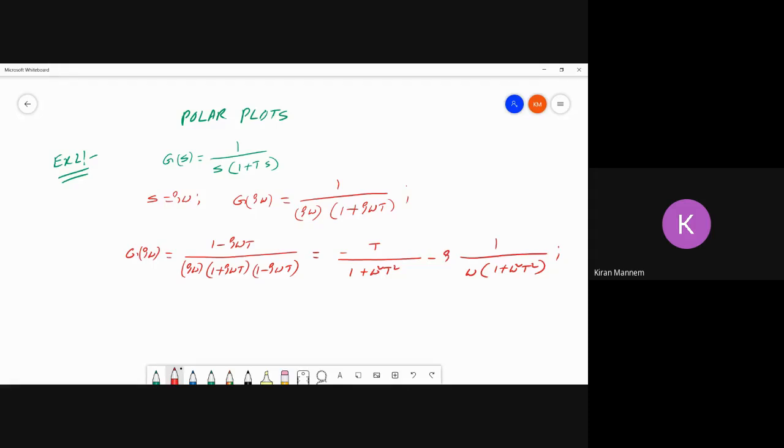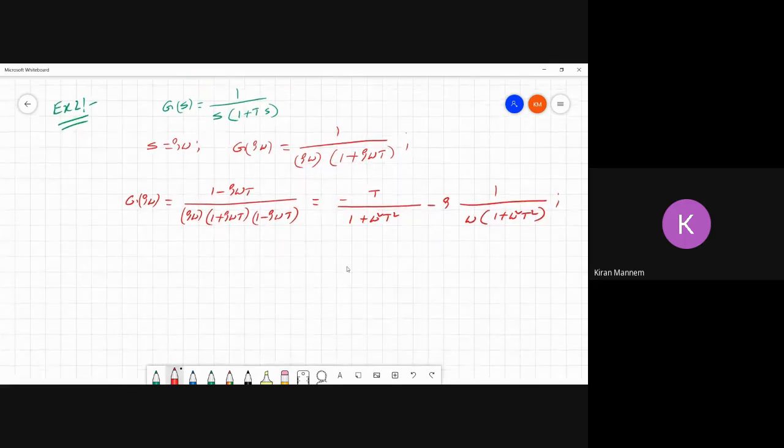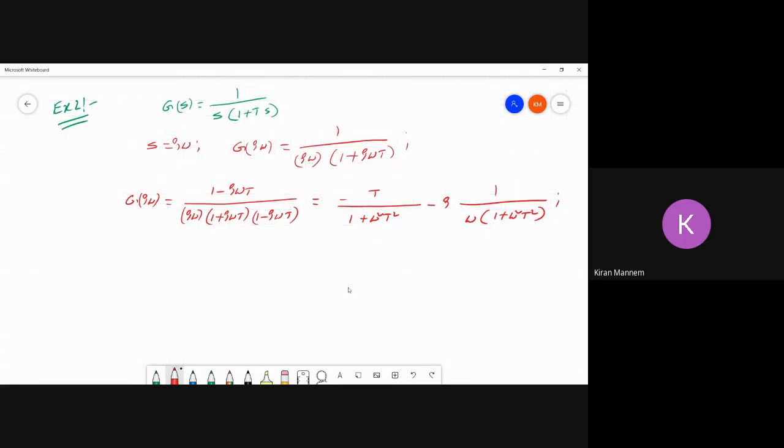So next step. Can anyone tell the next step? We substituted s equal to j omega to get the sinusoidal transfer function. We rationalized the function and we separated the terms, real terms and imaginary terms.